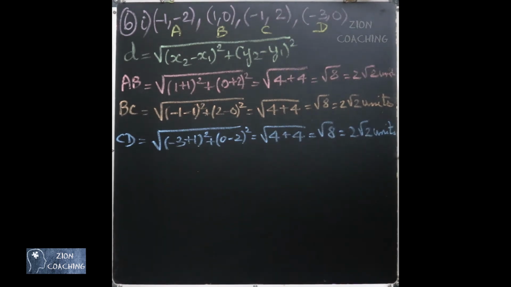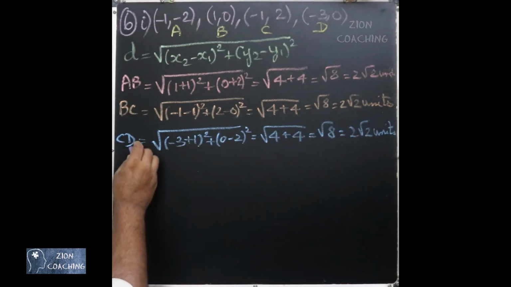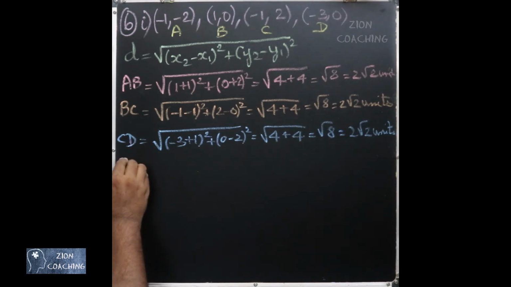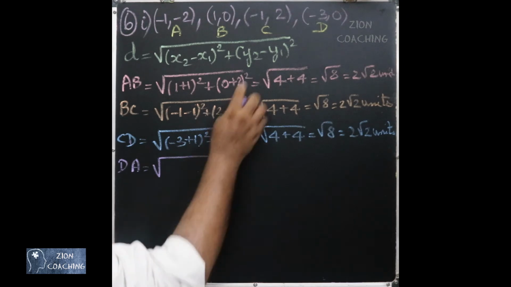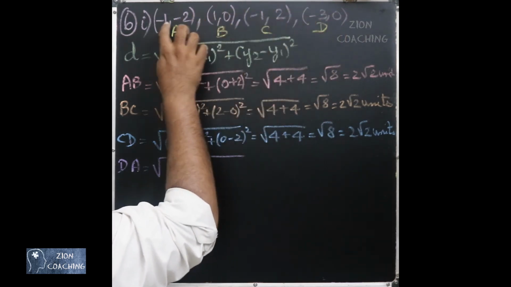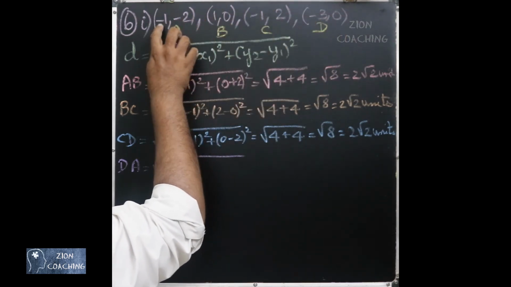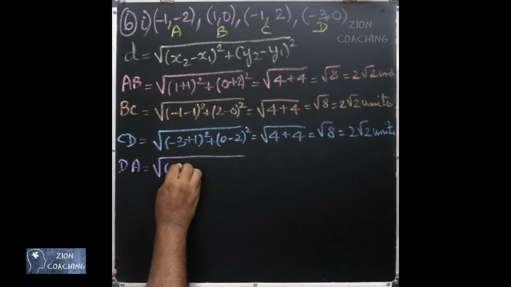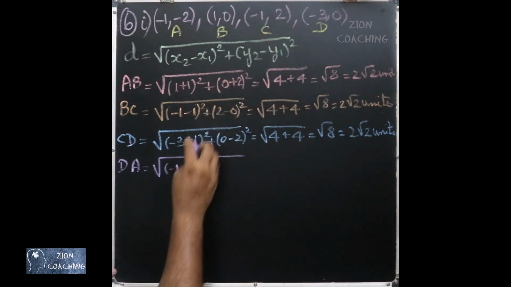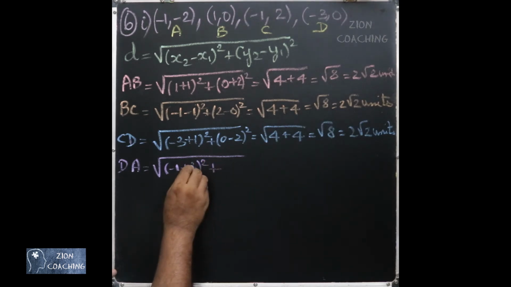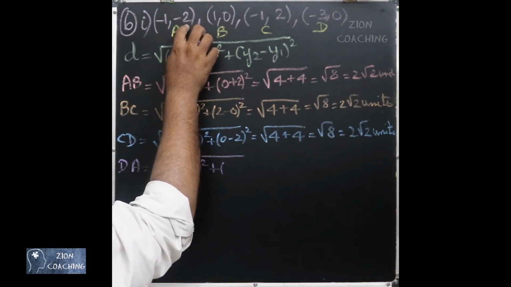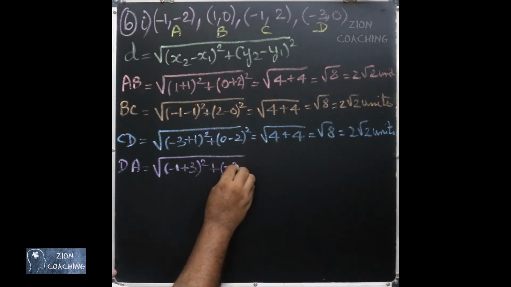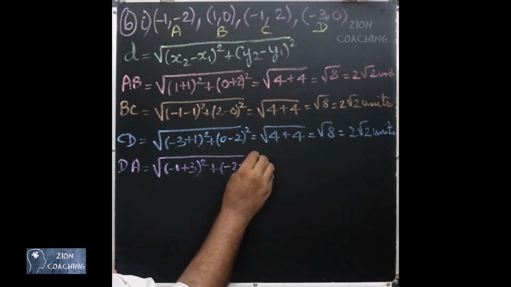Now finally we are going to find the fourth side, that is DA. This is your x1, y1, this is your x2, y2. So we have minus 1, minus of minus 3 will be plus 3, the whole square, plus, this is your y2, that is (minus 2 minus 0) the whole square.